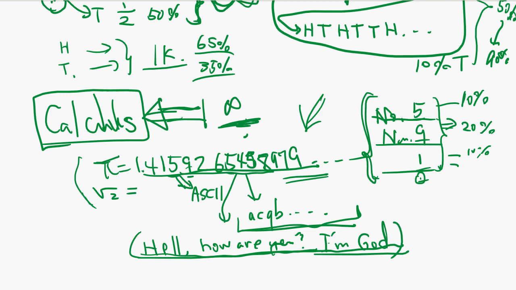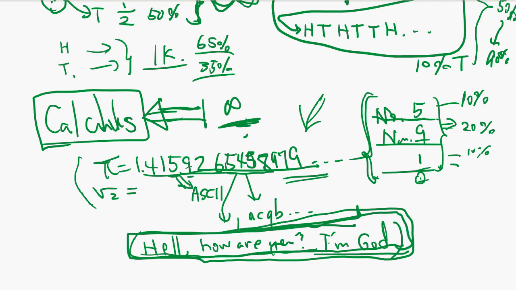So he continued, if you have a chance to have this kind of ridiculous message in the number, there is also a chance that an entire Shakespeare book shows up. Very little chance, but who knows? Right?